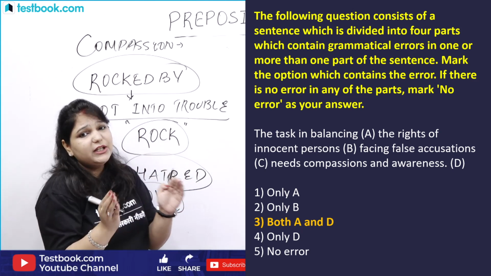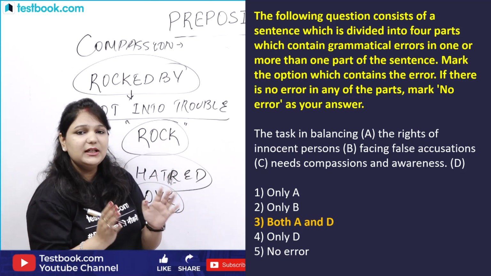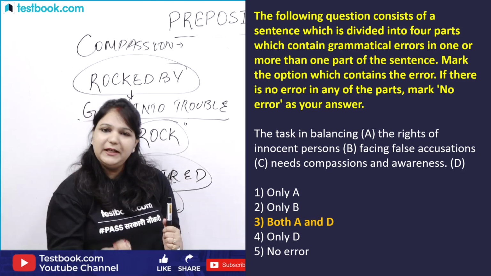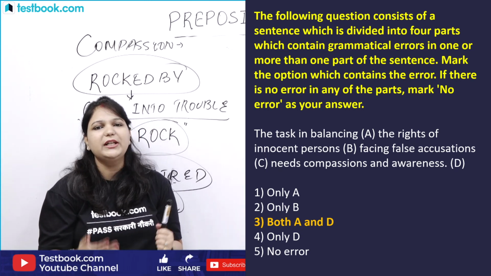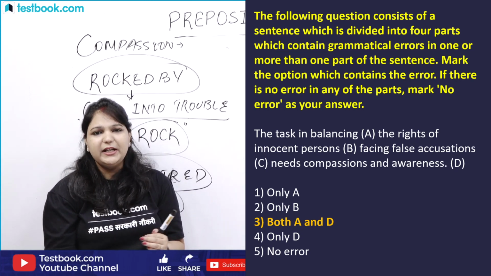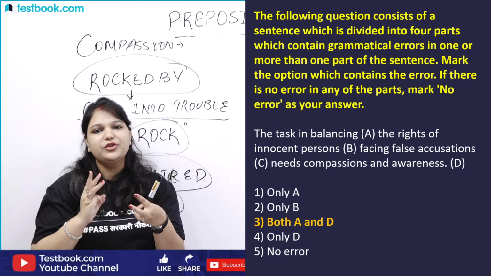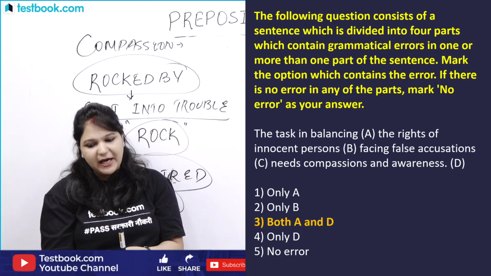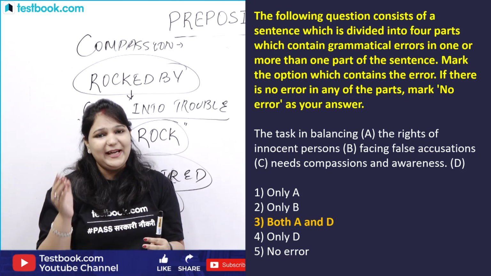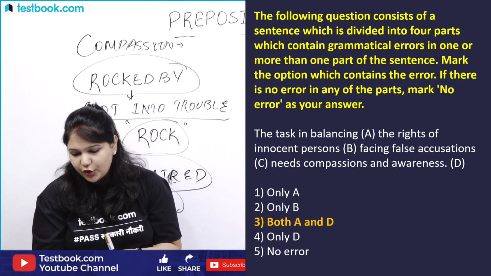So in either of the forms they actually remain the same. So compassion is a feeling, right? That's an abstract noun, so that cannot be used with s. It cannot give you any idea of one compassion or two compassion or three compassion, right? That's an abstract idea. So the use of s with compassion is the wrong one.